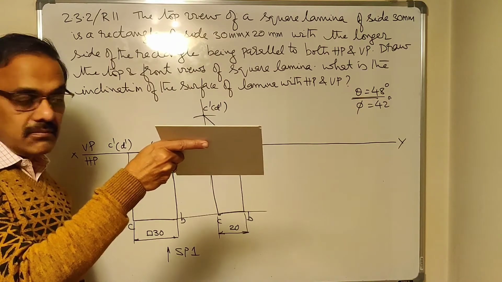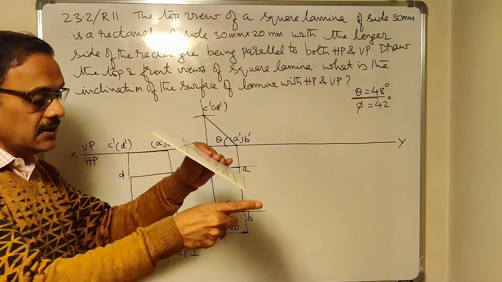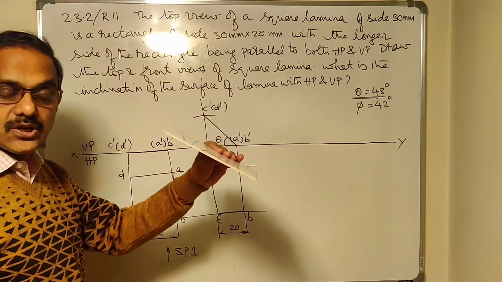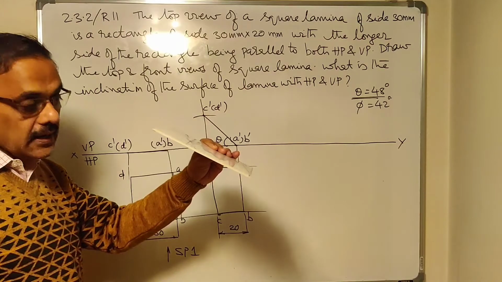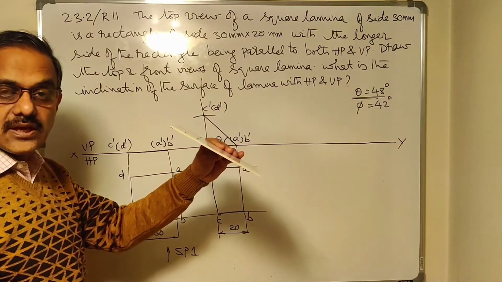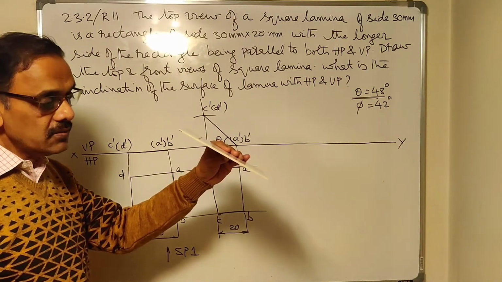Have you understood? How did you rotate? It was like this. AB is on HP and the surface is inclined at 48 degrees to HP. And AB is perpendicular to VP now. But the VP condition says AB should be parallel to VP. So what did I do?